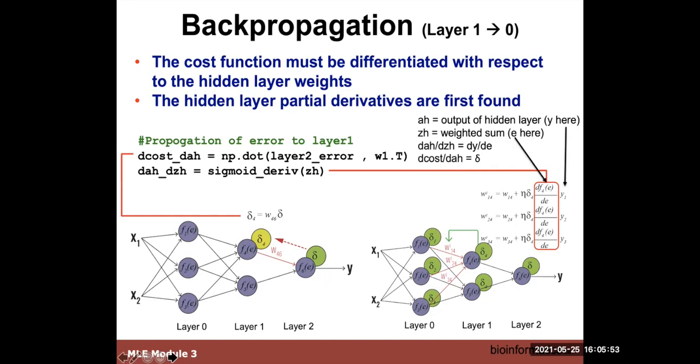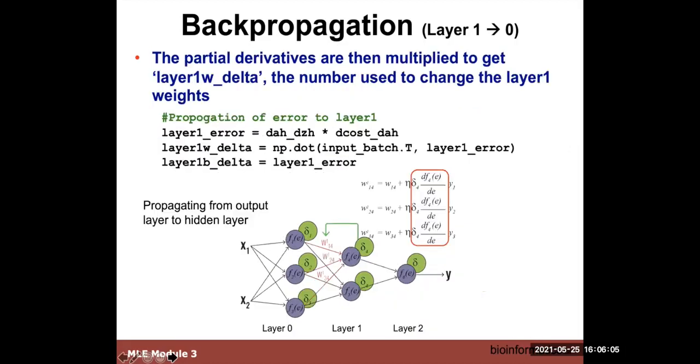But again, we're modifying in a directed, intelligent way how the weights should change to produce the best performance. And we're continuing as we go from layer 2 to layer 1 to now layer 0.